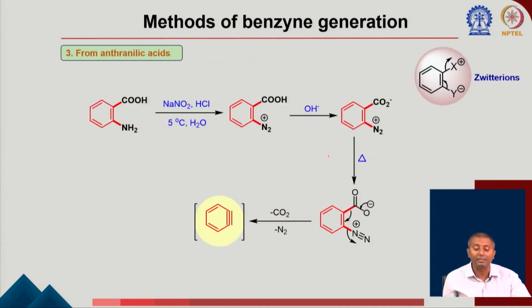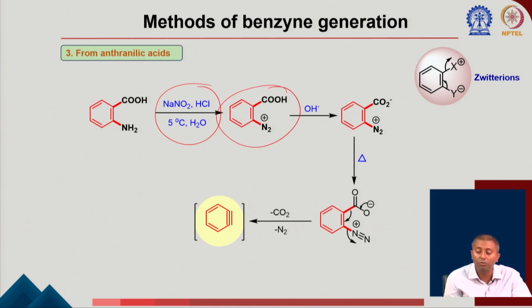Starting from anthranilic acid, this is a very important method for generation of benzyne. From anthranilic acid, you can use NaNO2, HCl to form this diazonium compound, N2+. This diazonium chloride, in place of OH minus, is going to abstract the acid proton.